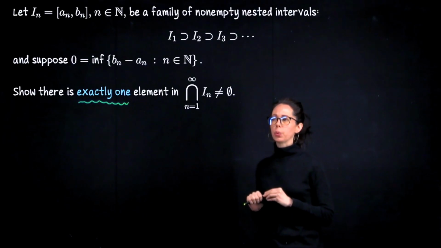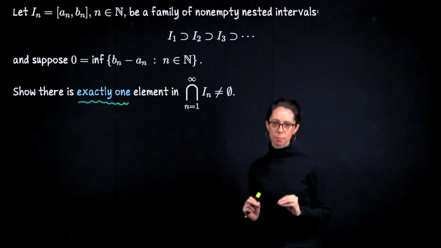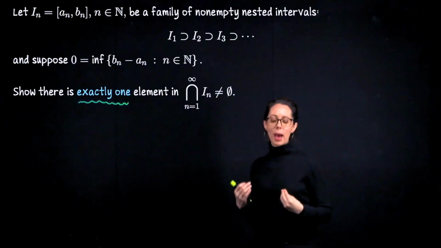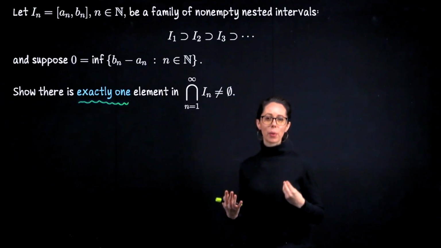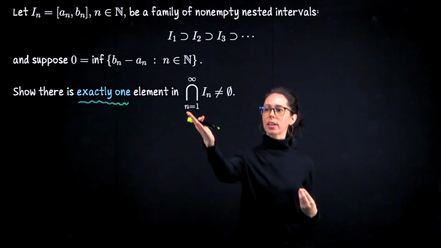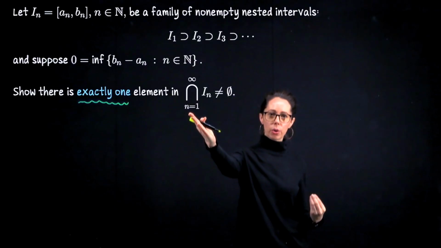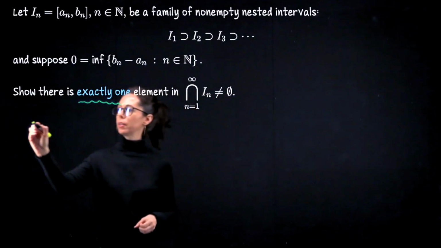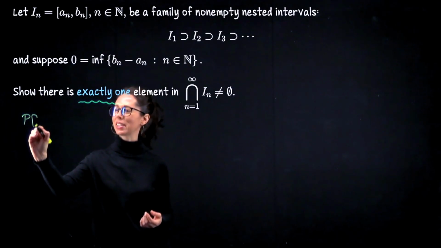Anytime you are doing a uniqueness proof, it's a good idea to consider contradiction, where you imagine that you have two. So here I want to show there's only one element that lives in this intersection. What if there were two? That almost always leads you to a clean contradiction. That will be our proof technique.